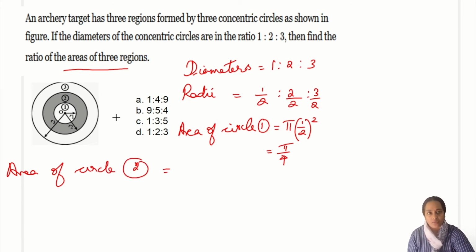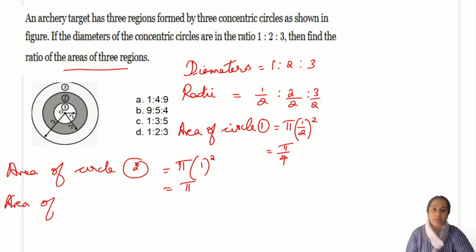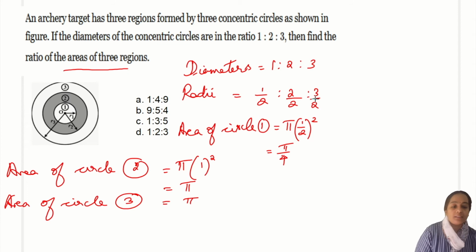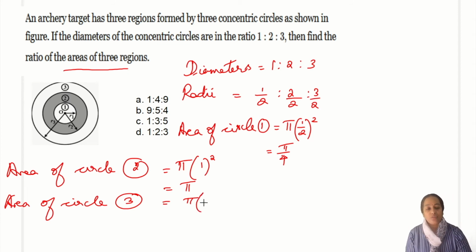What is the radius of the second circle? It's 2 by 2, which is 1. So it's going to be pi multiplied by 1 square, which is pi itself. What's going to be the area of circle 3, the biggest circle there? So you have pi multiplied by, the radius is 3 by 2.